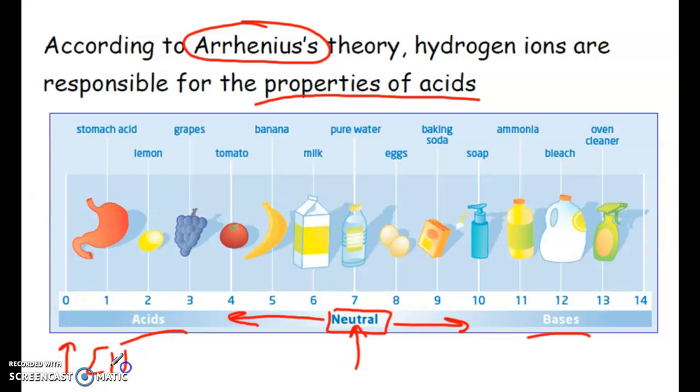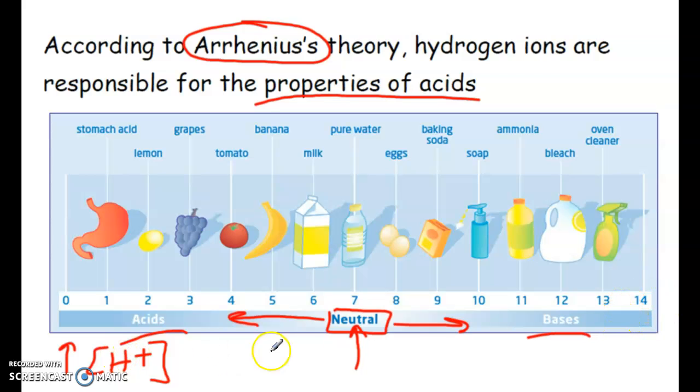Why? The concentration of hydrogen ions is increasing as you go to the left. As you go further to the right, you become more and more basic, and instead of hydrogen ions becoming higher, you have hydroxide ions.